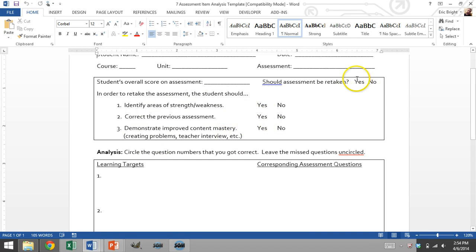So if they do that, then I can retake, and then what was a summative assessment now slides back down into a formative assessment category and is replaced with a new summative assessment. Okay, so we're not penalizing students for not learning at the same rate as other students.